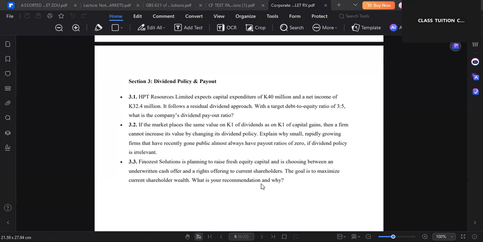So which of the two would you recommend? Would it be the underwritten cash offer or the rights issue? I've explained what each of these is about. What would you recommend of the two options?